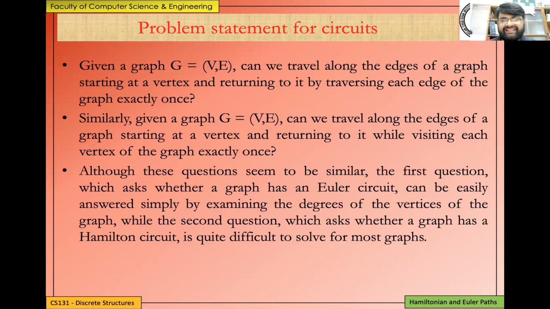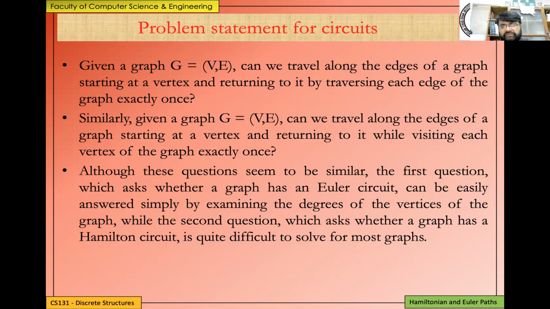So the thing is that although these questions may seem to you to be very, very similar, the first question, which asks whether a graph has an Euler circuit, can be easily answered simply by examining the degrees of the vertices of the graph. If the whole graph has all even degrees, then the first question, which basically says can we traverse each edge exactly once, can be answered: yes, since all vertices have even degree, we can have an Euler circuit.